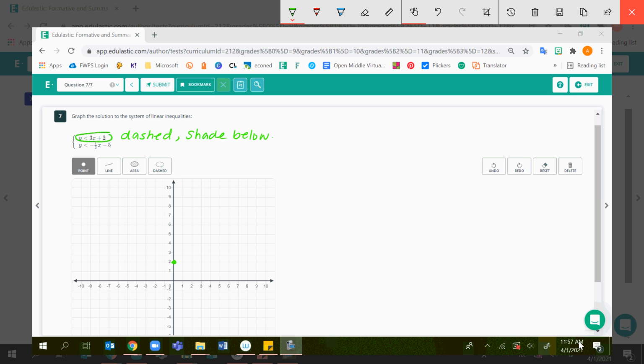And my slope is 3, which in terms of slope, again, is rise over run. If I have a 3, I'm looking at going up 3 and right 1. Okay, so we'll go up 3 and right 1. So here's another point that we could be plotting for my graph.